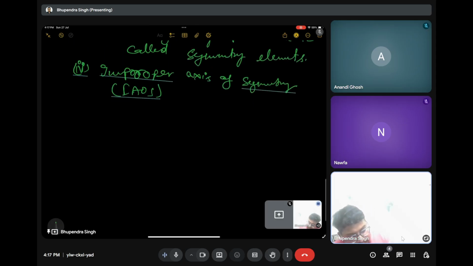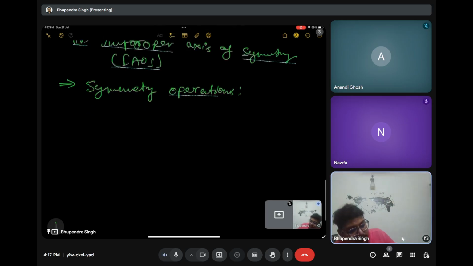So now coming to the symmetry elements and symmetry operations. This is basically the introduction. Then we will do the question answer.